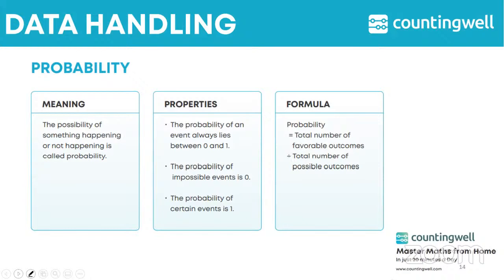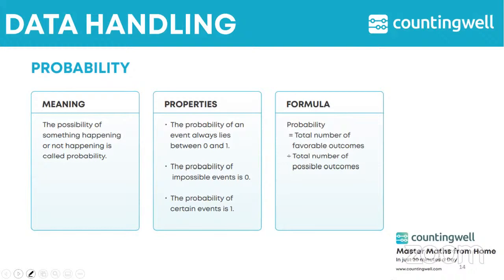And if there is 50% chances of something happening, then the probability is 0.5. So 0.5 probability value represents that a particular event is going to happen having chance 50%. It can happen or it cannot happen.